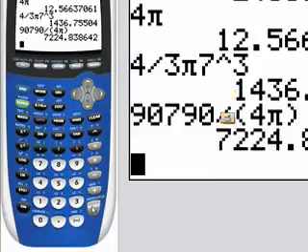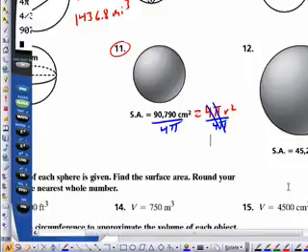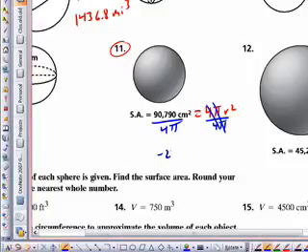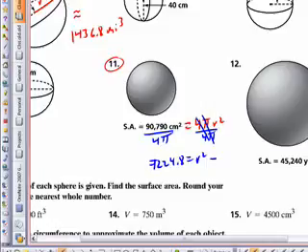So that's about 7224.8. And that's equal to r squared. And so to get r, you have to take the square root of both sides.